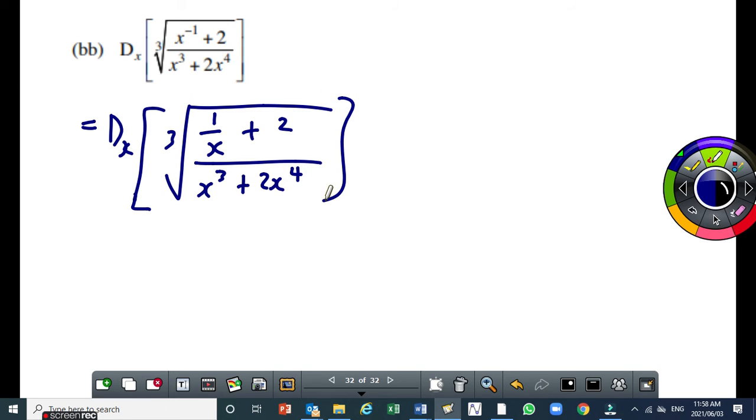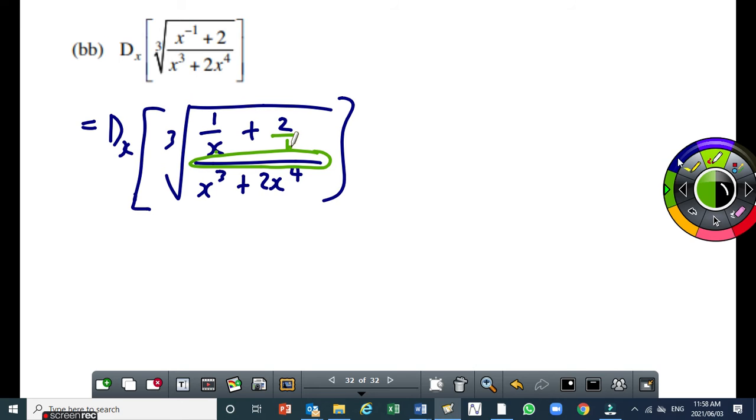Then the next thing is I need to simplify. You see this 2, the denominator is a 1. This is our main division line. So we need to simplify the numerator by finding the LCD. So the LCD will be x. So I have to multiply this 2 by x.